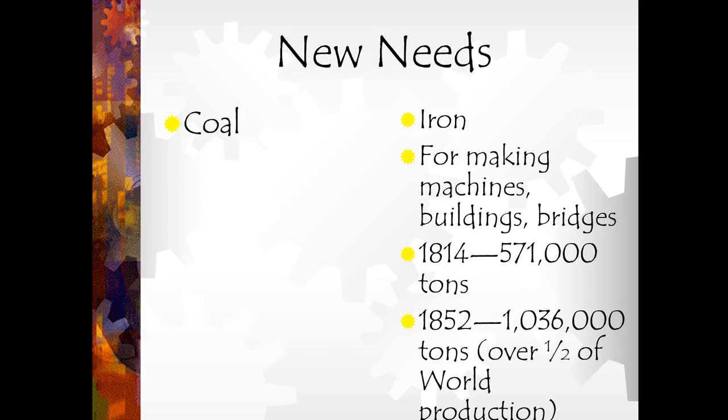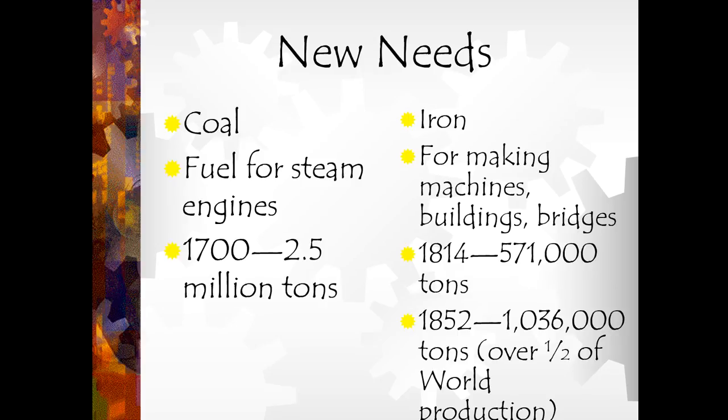Now we also need coal, mostly to fuel steam engines. So in 1700, Britain was producing 2.5 million tons of coal, but by 1800, that number had ballooned to over 16 million tons. So we need a lot of iron and coal to fuel the Industrial Revolution.